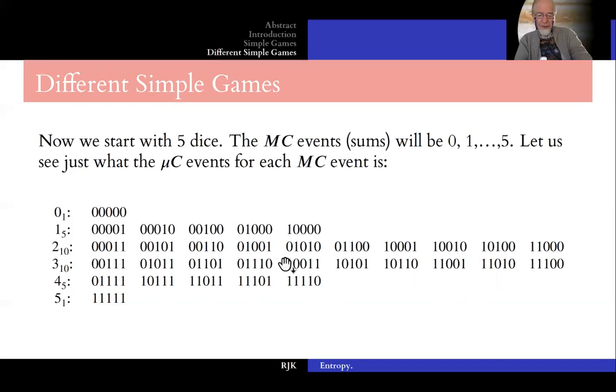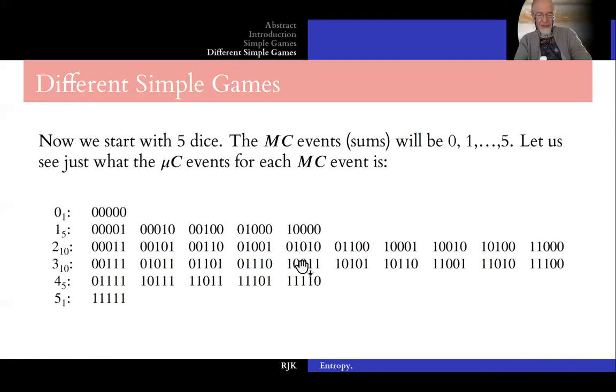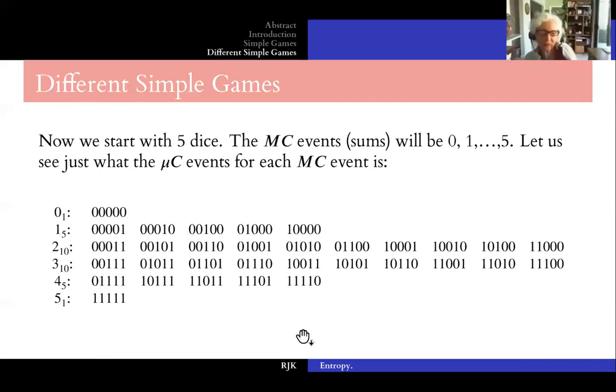Okay, so there's 10 possibilities here, 10 possibilities here, but only 5 here. So it's more likely that you're going to get one of these than you're going to get one of these. Similarly, if you're here, you're more likely to go to the 3 than you are to go down to the 1. Yes. Okay, that was all I was talking about.